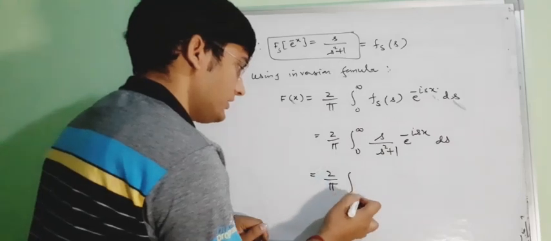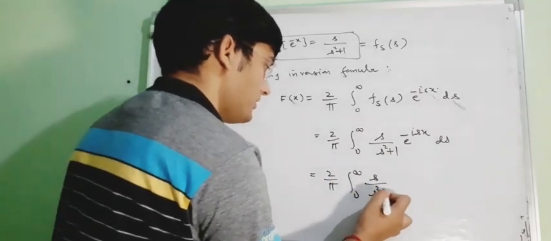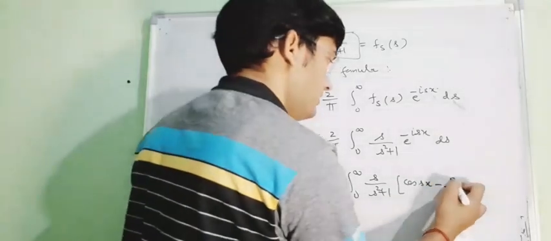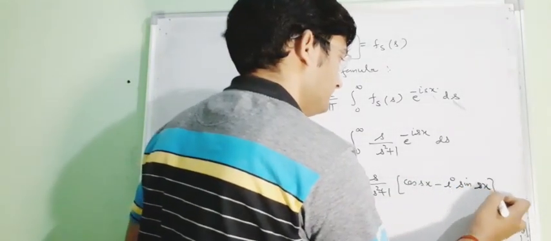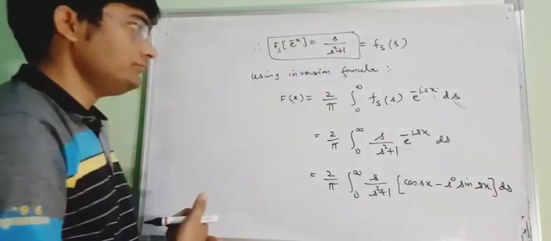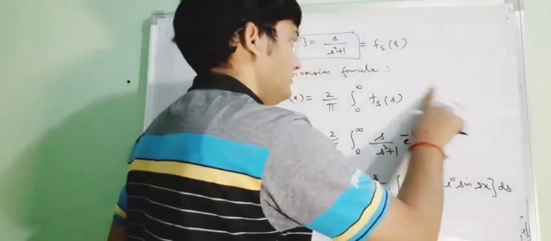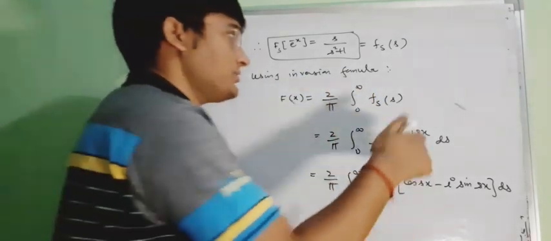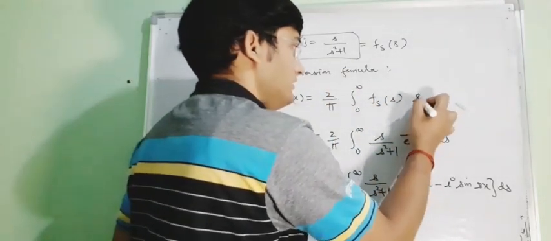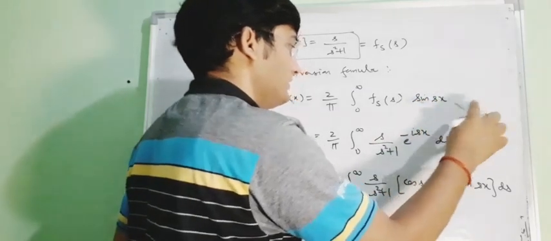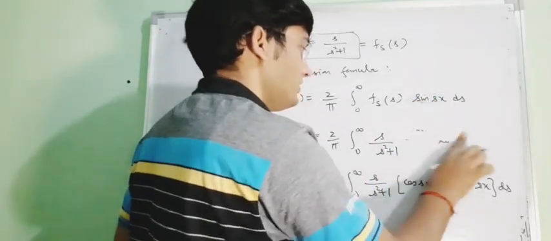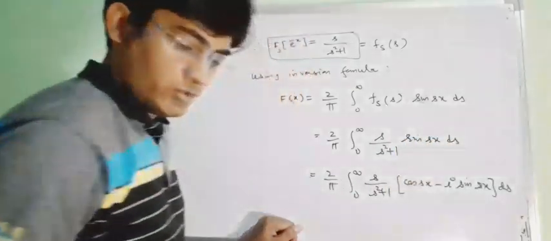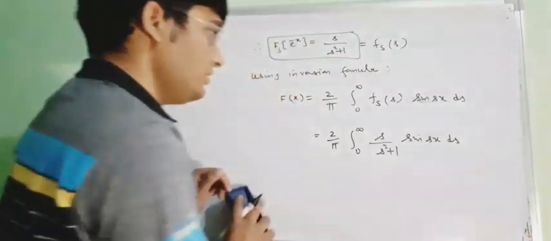Again break this term into real and imaginary parts: cos sx minus i sin sx ds. Oh, sorry, this is not true, because we are finding the inversion formula of the sine transformation. So we will have sin sx and then the integration with respect to ds. No need to break it.